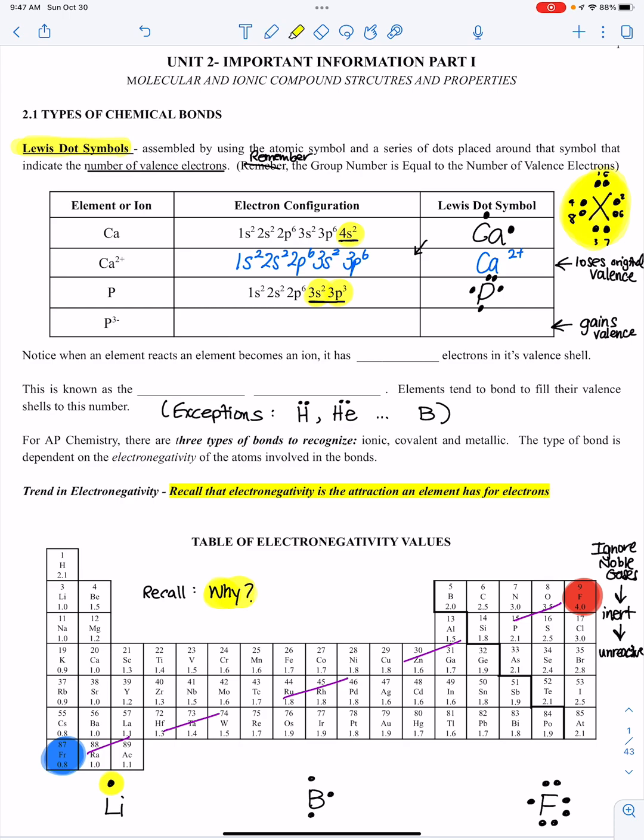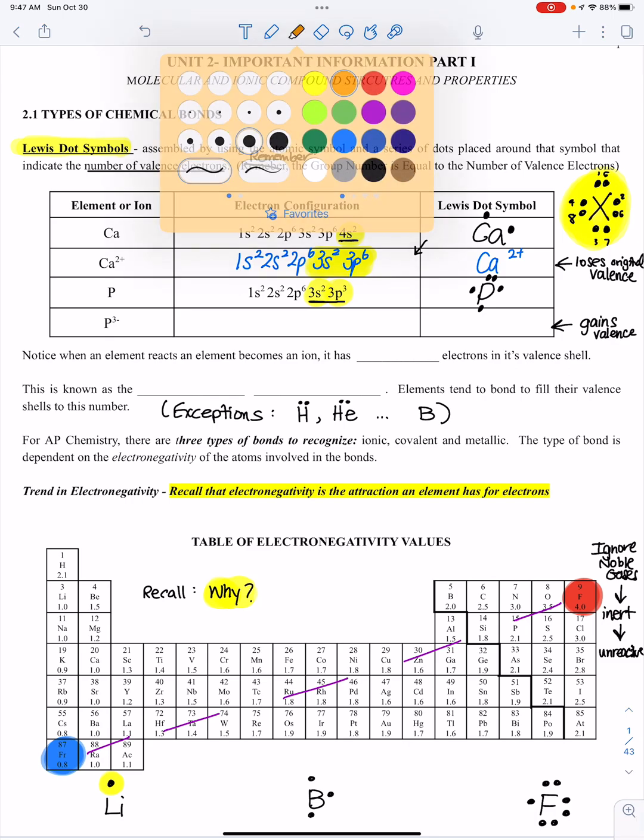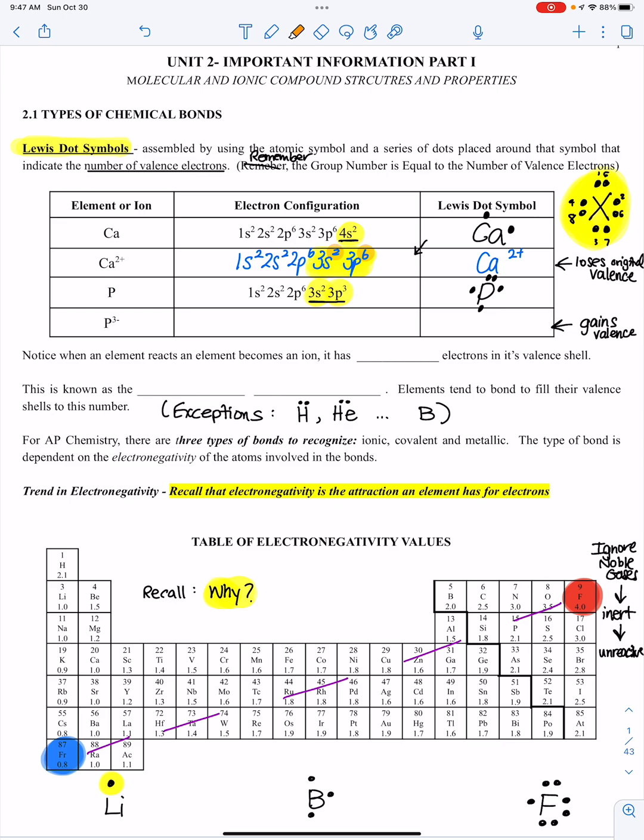That's like review from our previous quiz. And in its outer shell now, in its new valence shell, it looks like it has 8 electrons. 2, 6, or 8. Something to note for later. I'll do the same thing for phosphorus. Phosphorus, it typically forms a -3 charge.